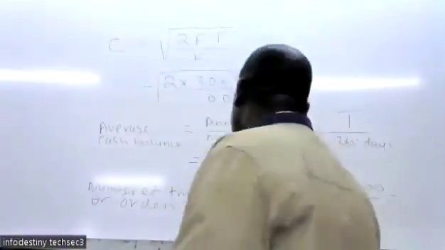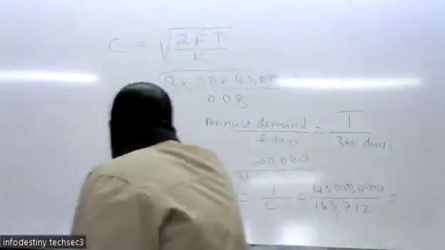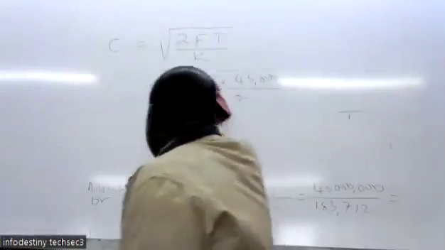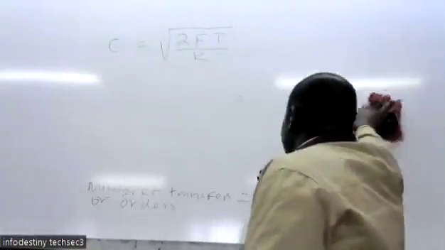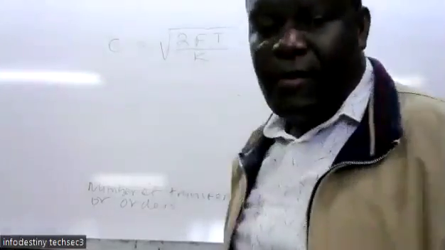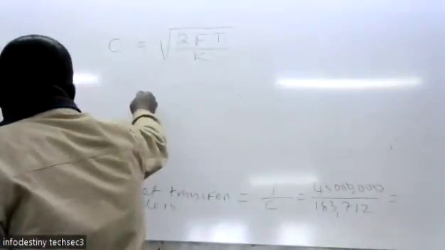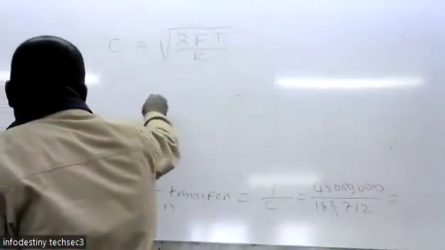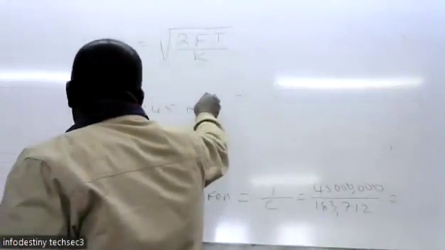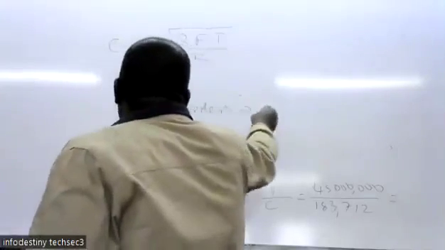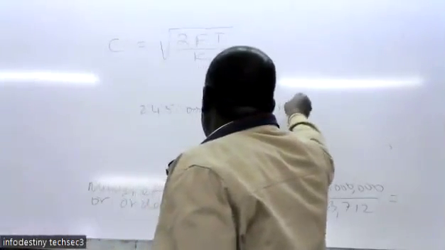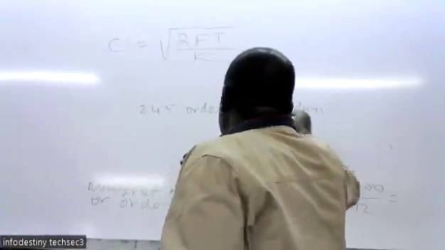If the question asks you the frequency of making orders, you simply say that 245 orders or transfers are for 365 days.